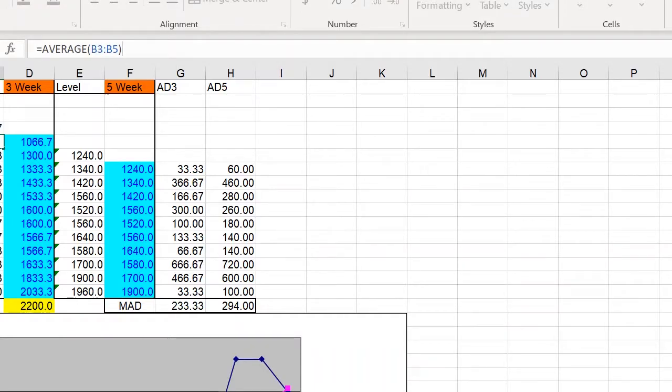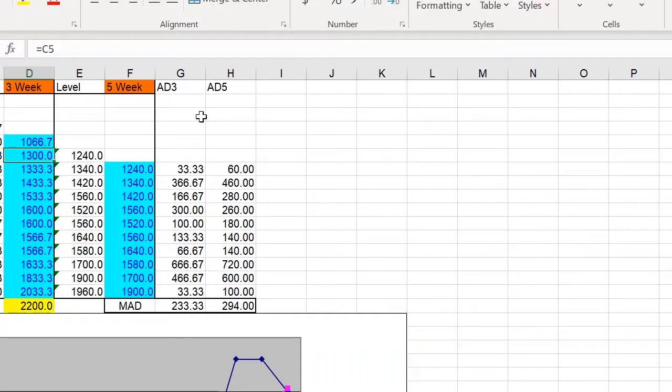So the level in time period 4 will be the average of periods 2, 3, and 4. As you can see, this is like a moving window. We drop the first period and the 4th period comes in to calculate the level in time period 4. Take the average of those 3: 1400, 1000, and 1500. That becomes the level in time period 4, which becomes the forecast in time period 5.